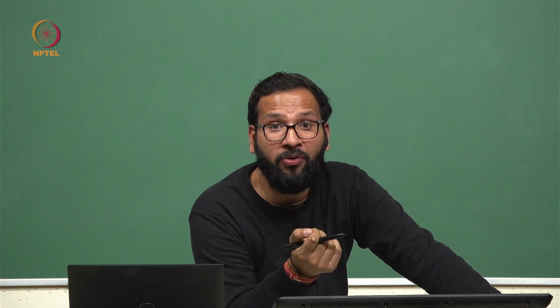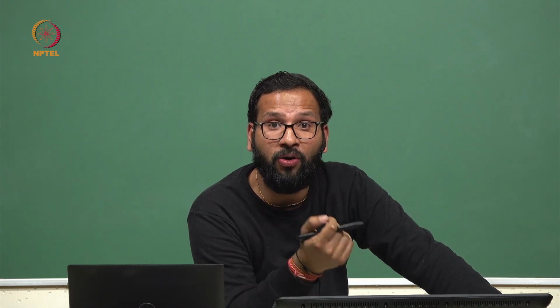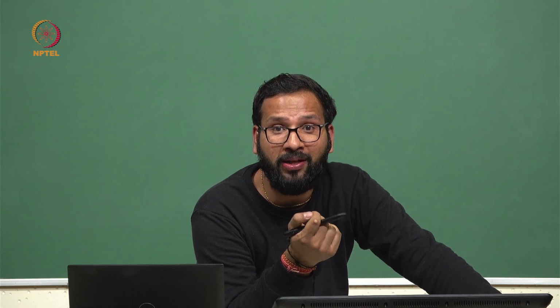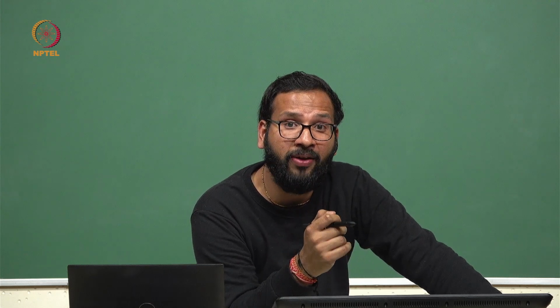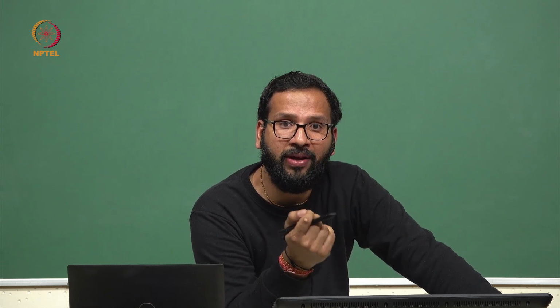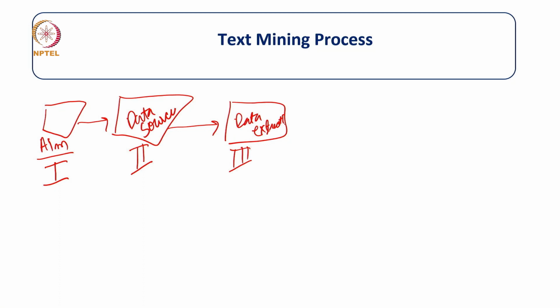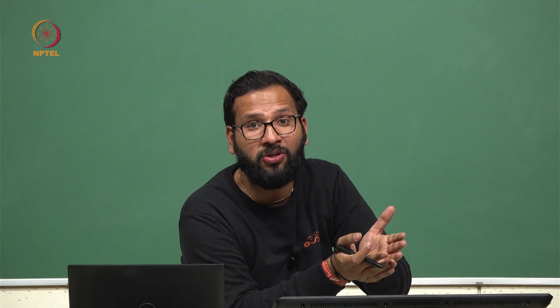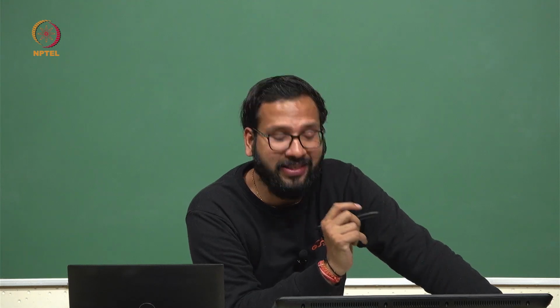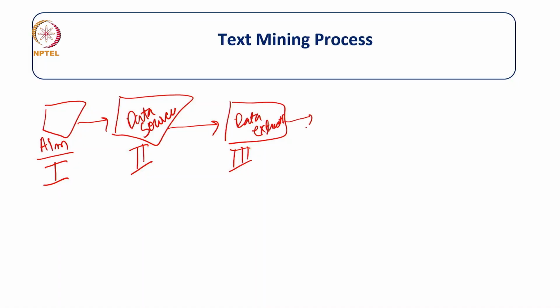But if we have to extract the data from different online discussion forums or other platforms, we have to use different APIs or different tools for extracting the data. Okay. So until now, these three steps we have already discussed a lot in this course. So the next thing is that we have extracted the data, and now we have decided that we will be taking care of title and abstract. Okay.